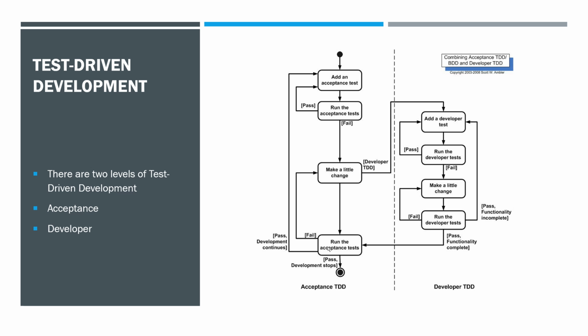This will then run that acceptance test to make sure everything is complete. If it passes and the development needs to continue, you go back to the top and continue adding more things for your code. If the development is over, then you stop and you end at this dot.